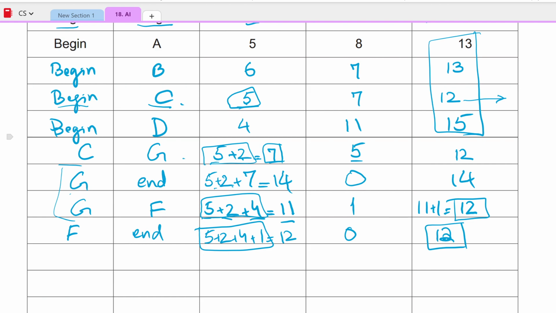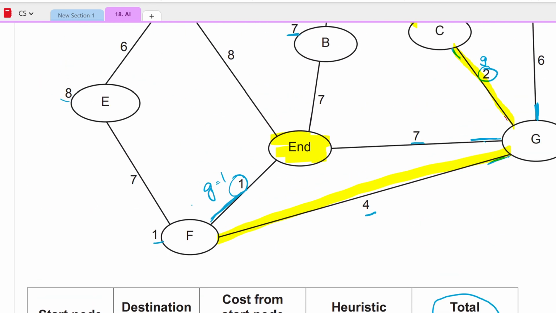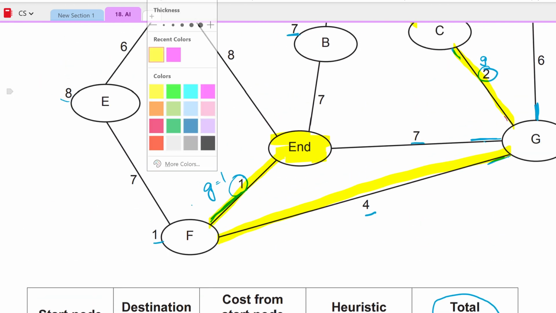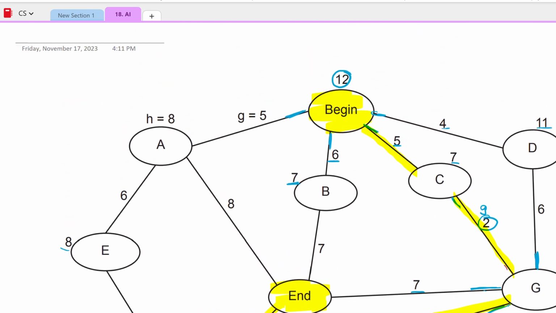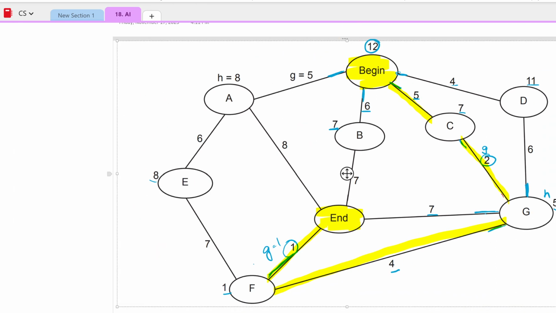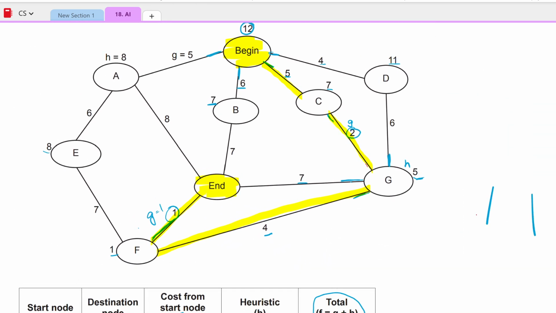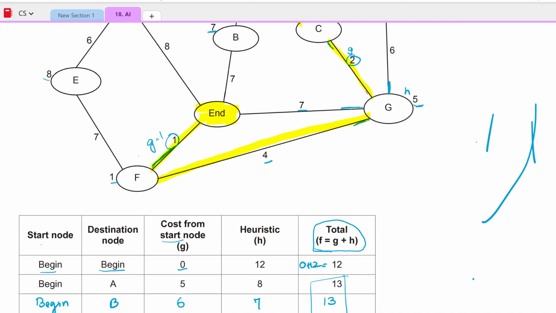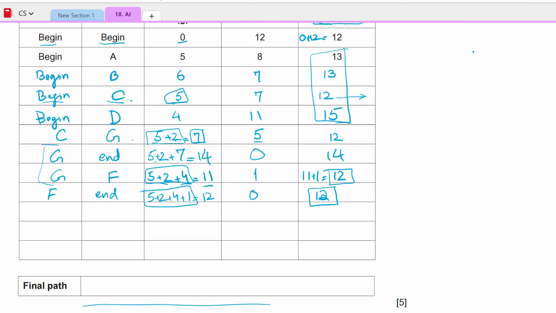So our path becomes begin to C, G, F, and then end. Begin to C, to G, to F, and end.